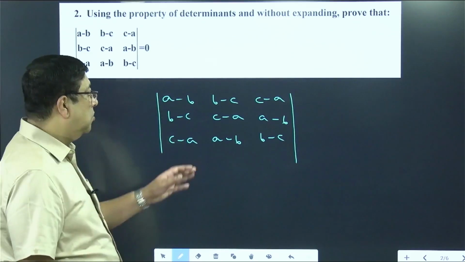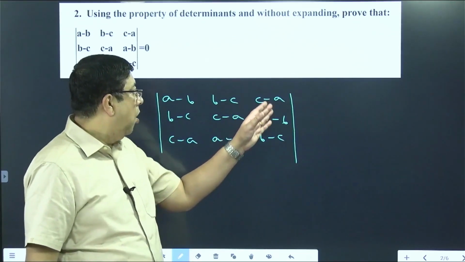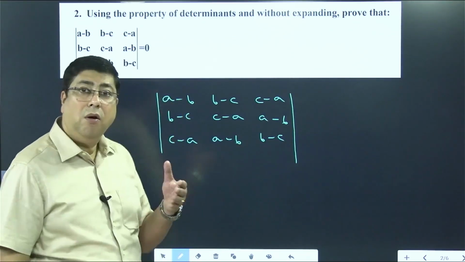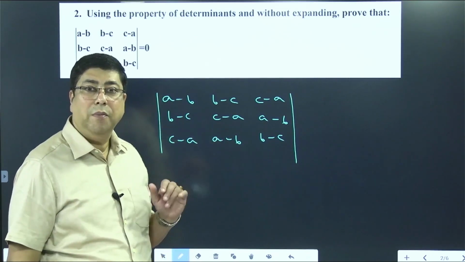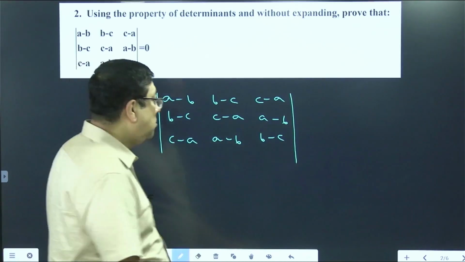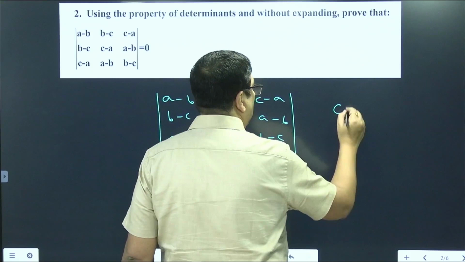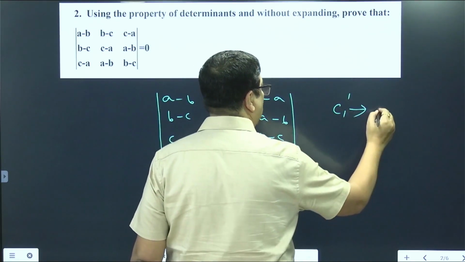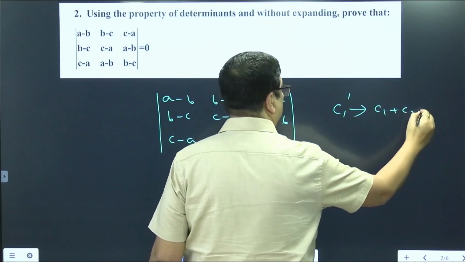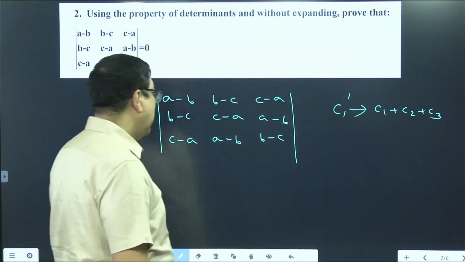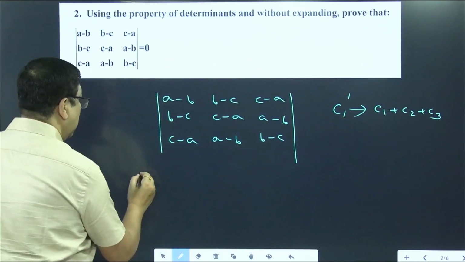In this case we can do the operation on C1 or C2 or C3, suppose on C1, because the thing is symmetrical. On C1 we make the operation C1 plus C2 plus C3.